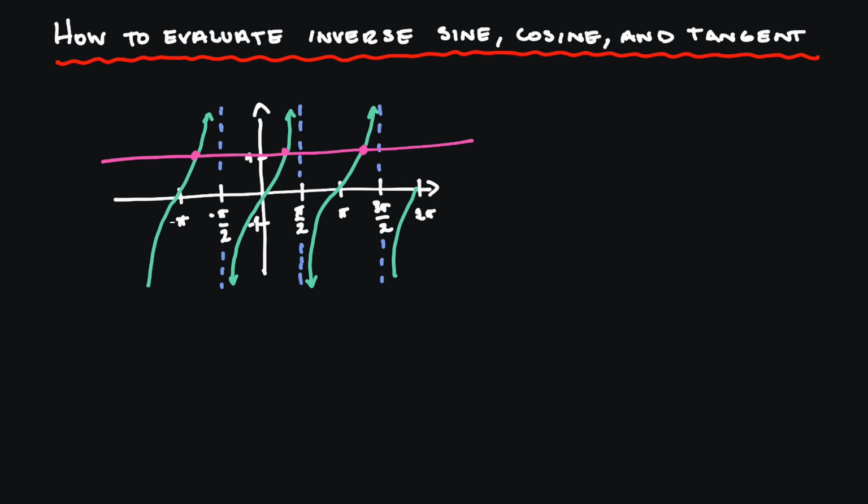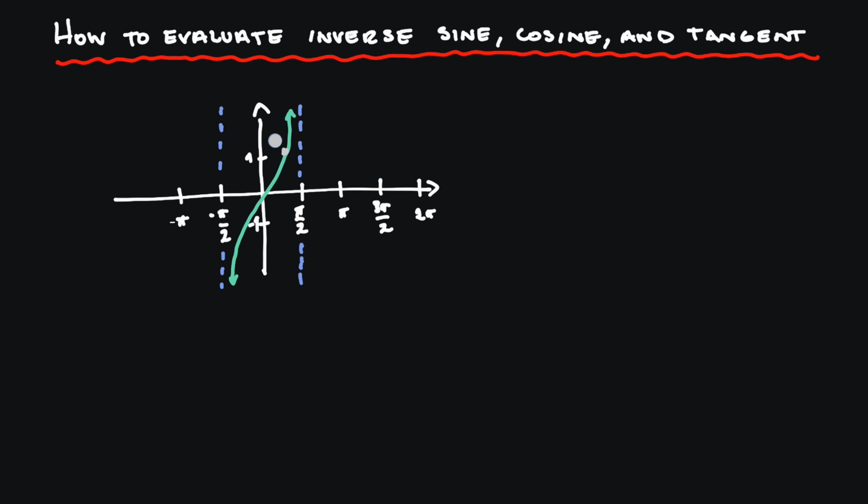But remember that, as we did with sine and cosine, if we restrict in which values we solve the function, like I'm doing here, I'm going to restrict the values from negative pi over 2 to pi over 2.